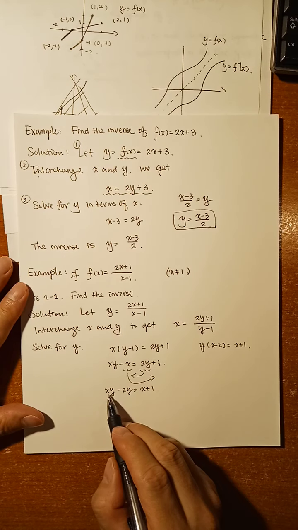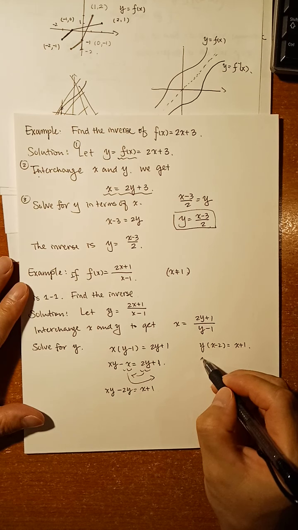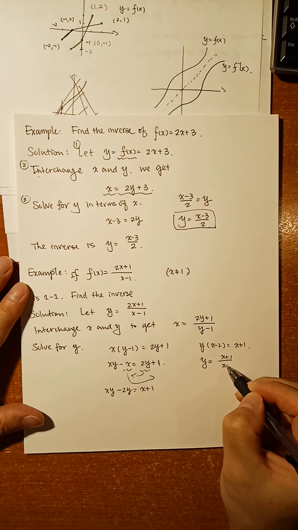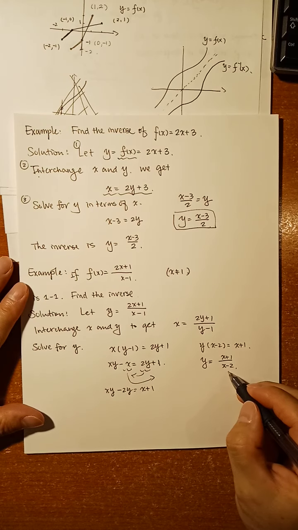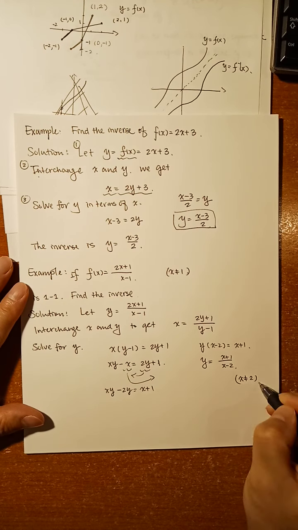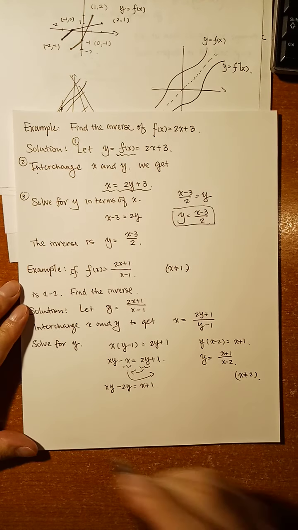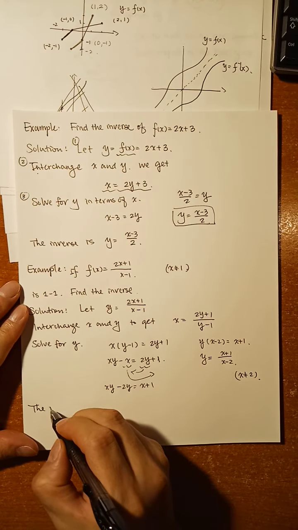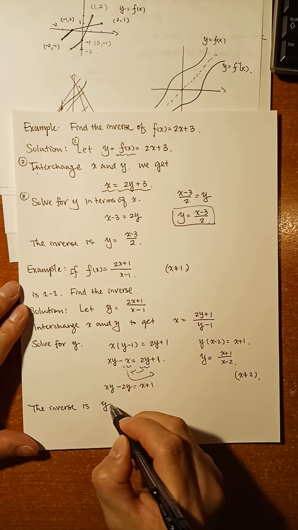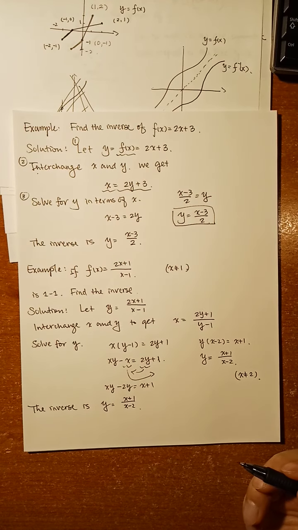And then we divide this equation by x minus 2. So y is equal to (x plus 1) over (x minus 2). In this formula, we can see that x cannot be equal to 2. So the inverse is y equal to (x plus 1) over (x minus 2).